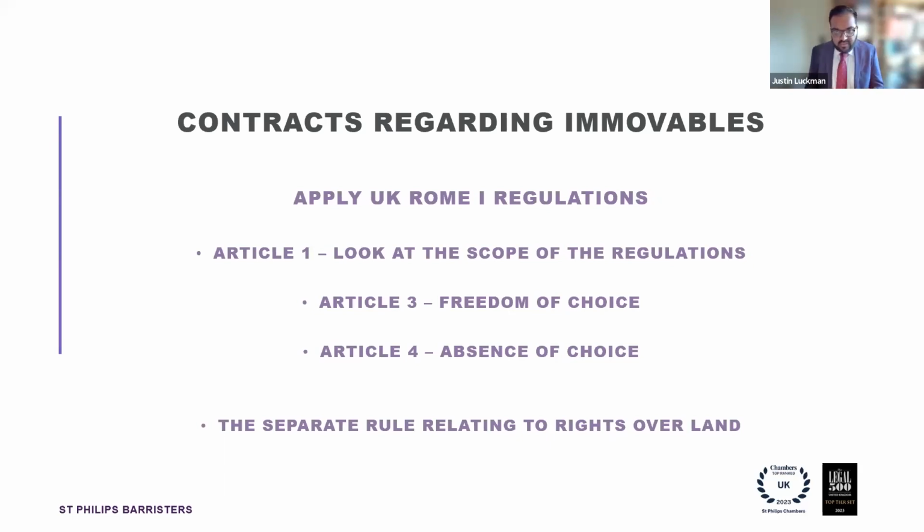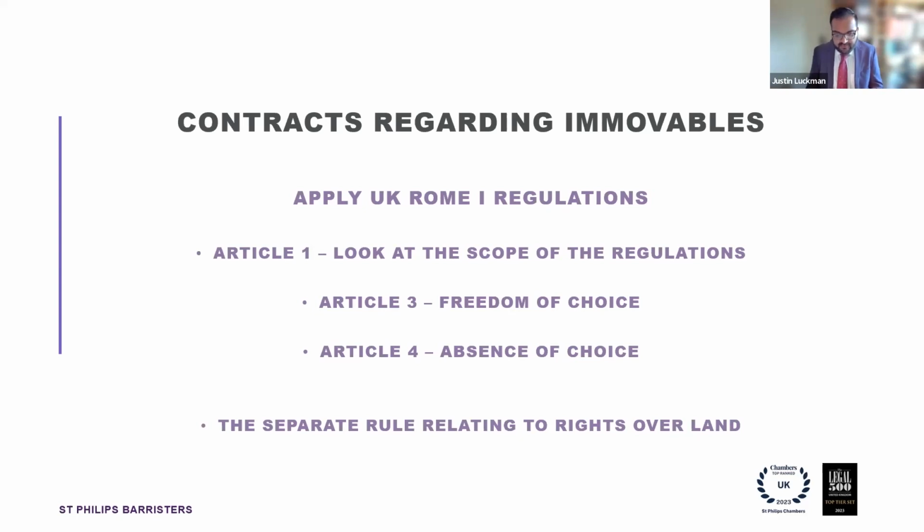However, and this is probably the most important point, there is an escape clause which allows one to consider whether or not there's a particular other law that should apply to the contract at hand when dealing with property located abroad, or any other absence of choice provisions within Article 4.